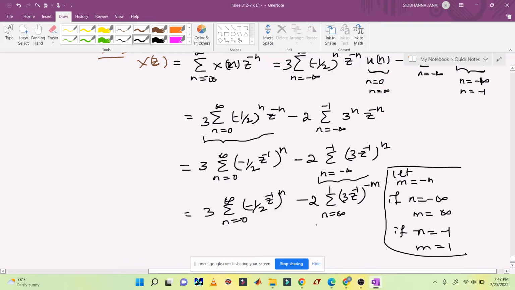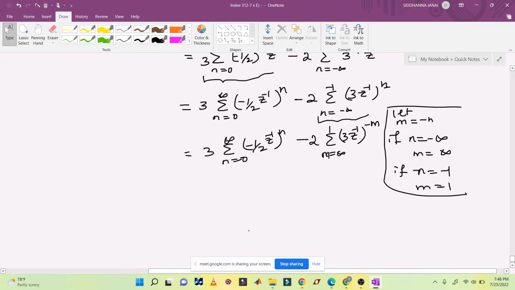Sorry, this will be m. Variables we can use any of m, n, k, p. So n is equal to 0 to infinity of (minus 1 by 2) z inverse to the power n, minus 2.